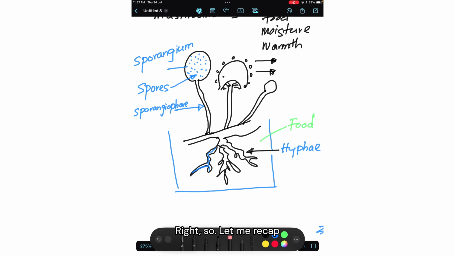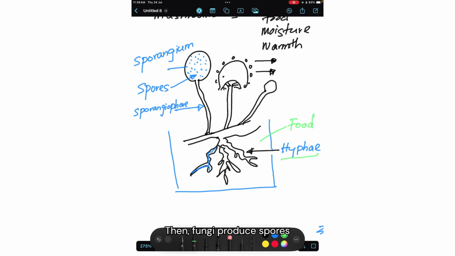Right, so let me recap again. The body of the fungus consists of hyphae. These are fine thread-like structures that spread through the substance, like bread or food or soil or something that the fungus is living on.